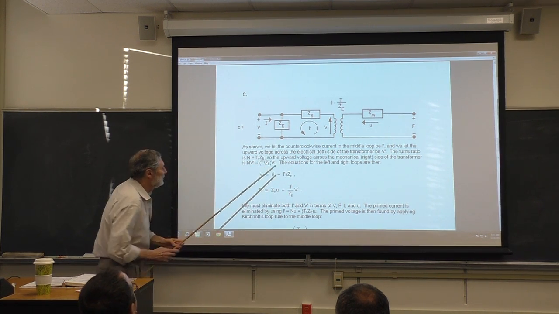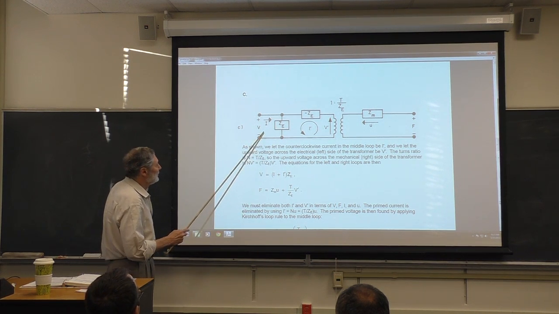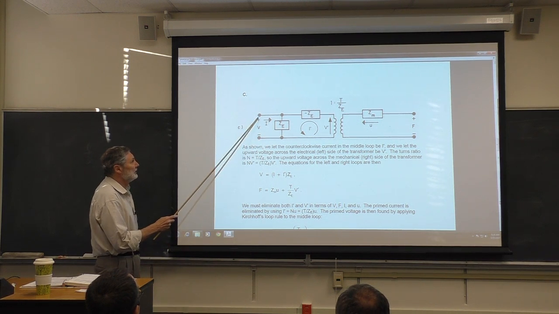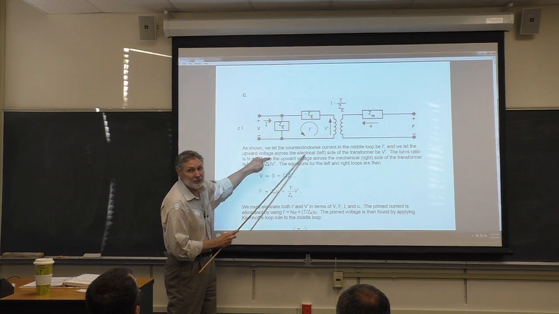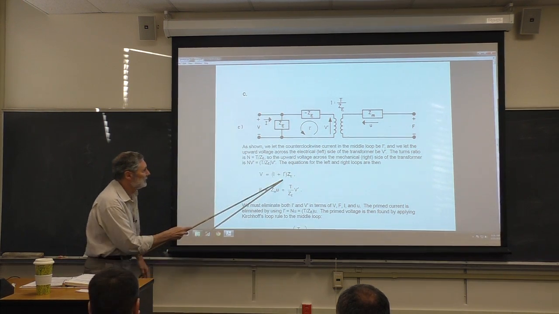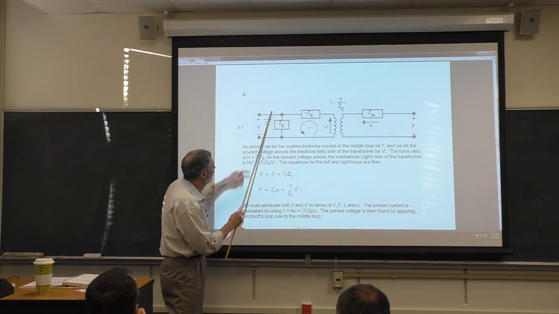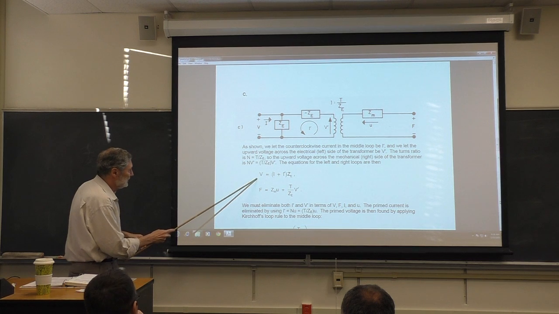So let's go ahead and write down the equations now. For the left loop here, this voltage has to be the voltage drop across here, and you see these two currents coming in here. So I get this. That's Kirchhoff's loop rule for this loop, using the balance idea.